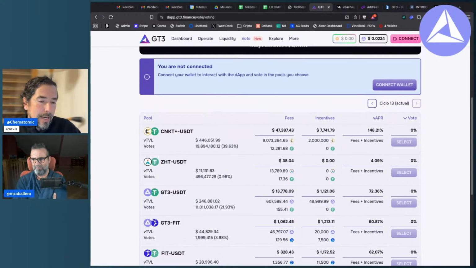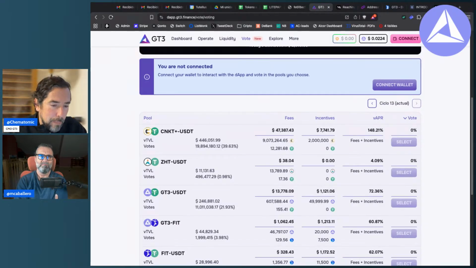Incentives mean that the proposer of the pool will have the capability to incentivize, that means give bribes to the members of the community of GT3 in order to have this pool on top in terms of the incentives that they provide. So they will be attracting more liquidity to this pool, and that will facilitate the swaps.